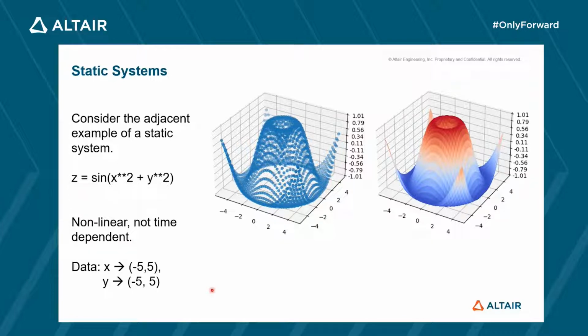So this is data that was collected to train a ROM, and the range of data was negative 5 to positive 5 for both the X and Y. And since it's a sinusoid, the output values range between -1 and 1. So this is the example we're going to keep in mind for the upcoming pointers.